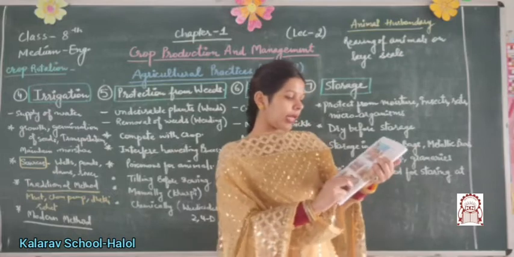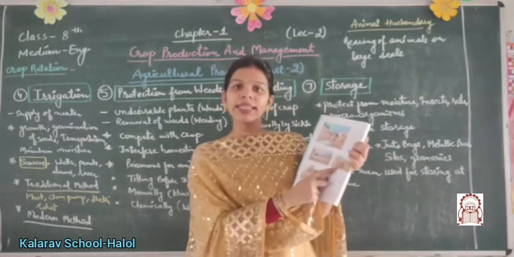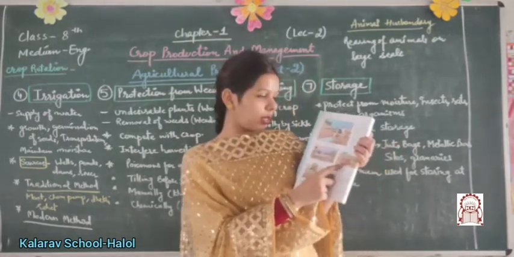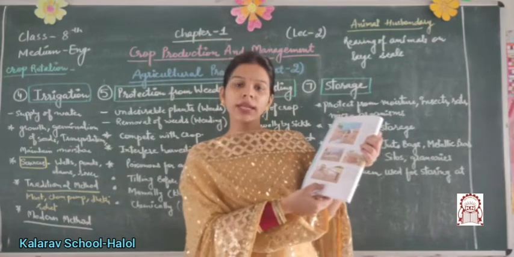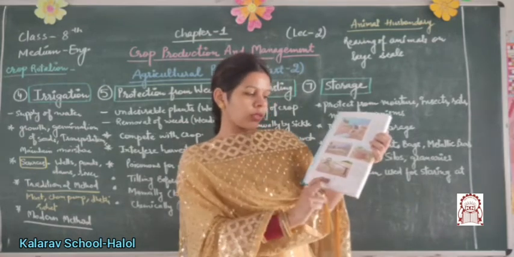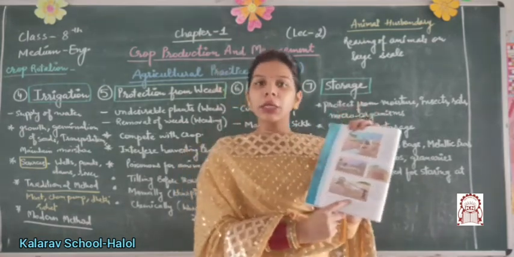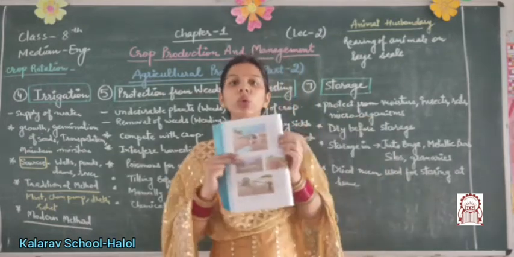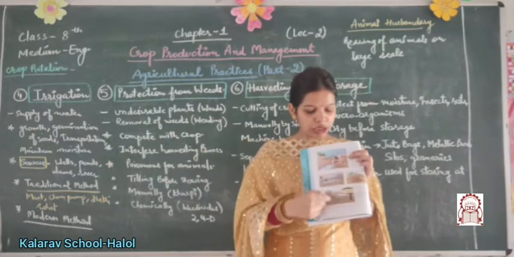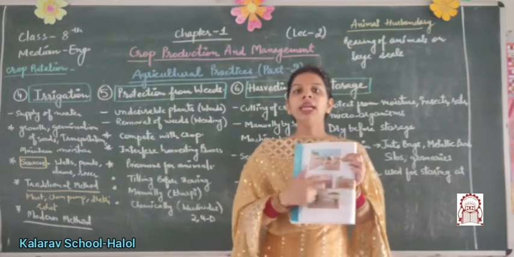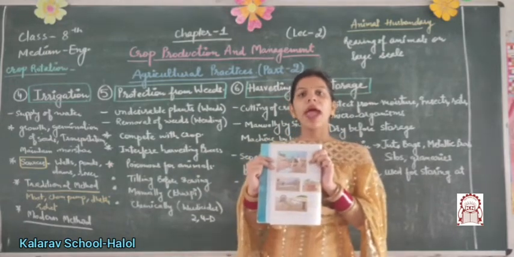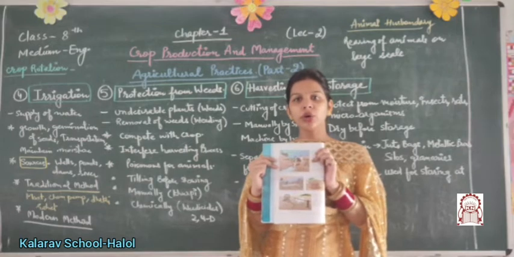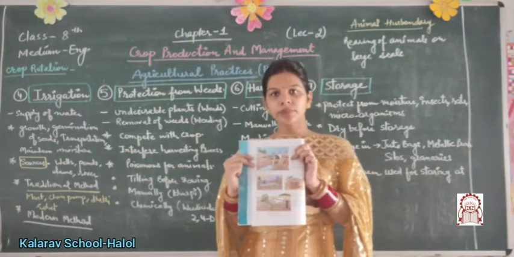Next is dhekli. You can see this also in the figure. The next one is rahat. Rahat is done by the animals on the field. Please look at the 4 pictures of the traditional method. Have you seen these pictures in your book?